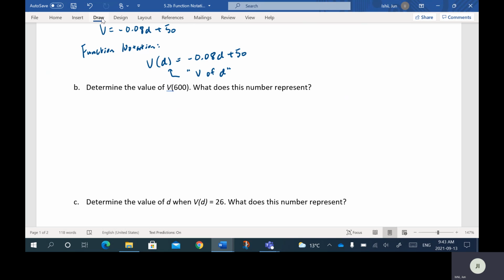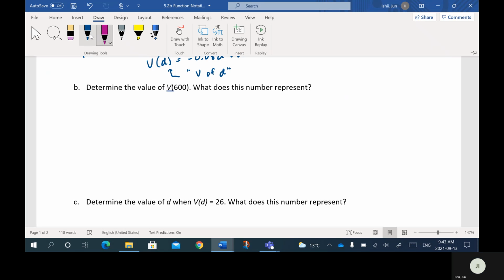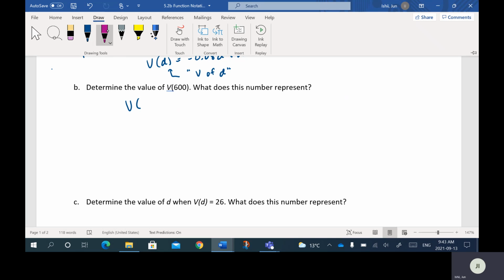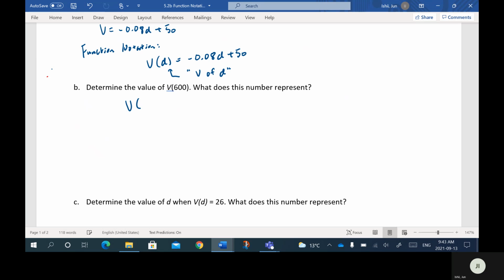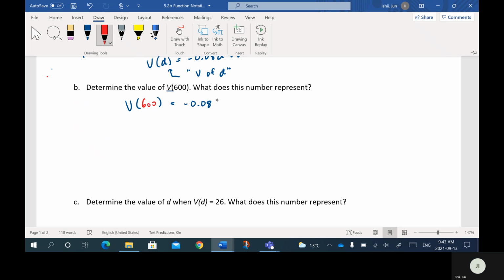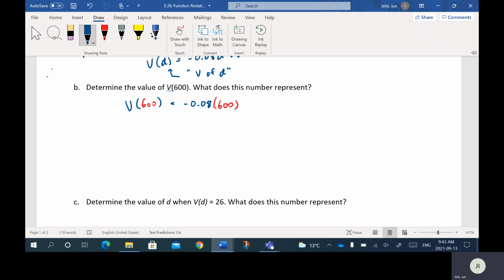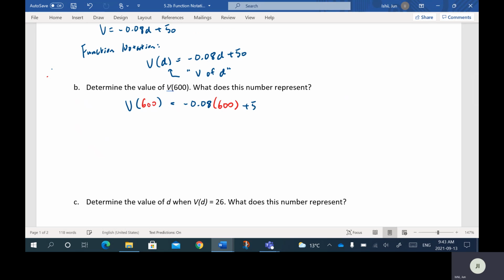So basically what I'm going to do here is, V of 600, I'm going to use a different color so you guys can see what's going on more clearly. So this is going to equal negative 0.08, then for the D here, I'm going to plug in 600, and then plus 50.